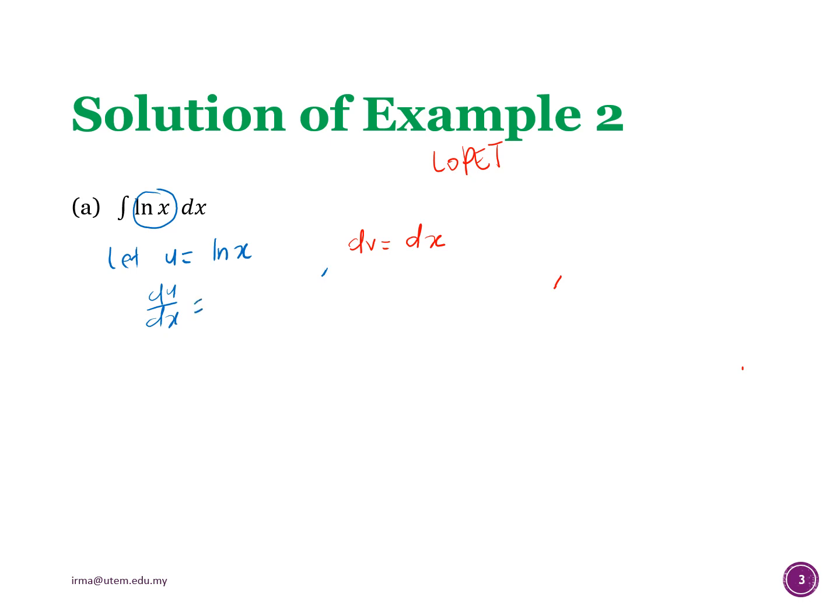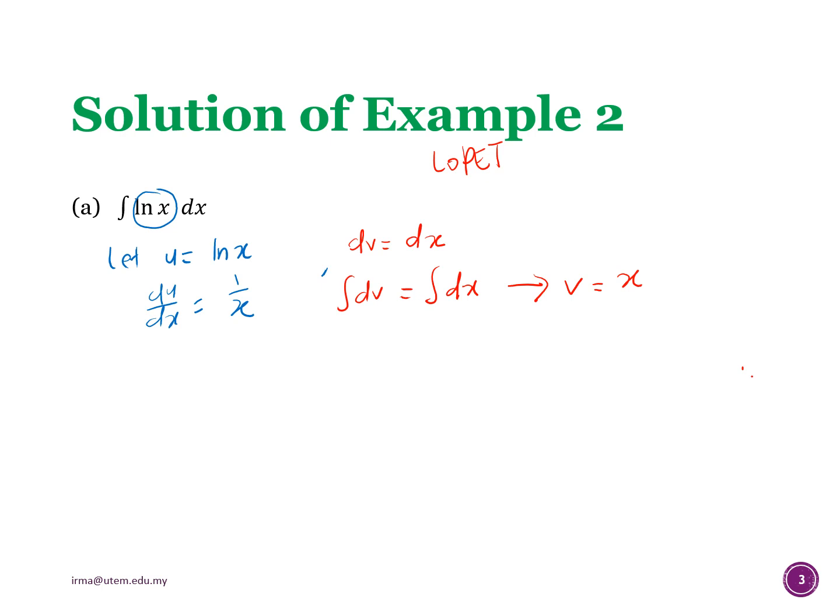Differentiate ln x, you will get 1 over x. Then we have dv equal to dx. So integrate both sides: integrate dv is equal to integrate dx. So this one, you will get what? v equal to x.